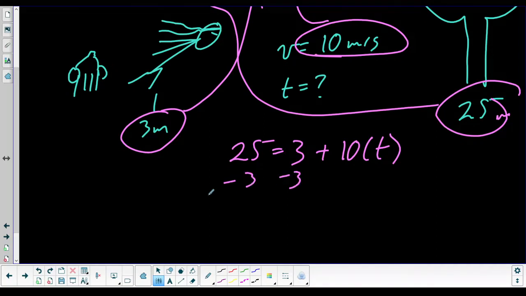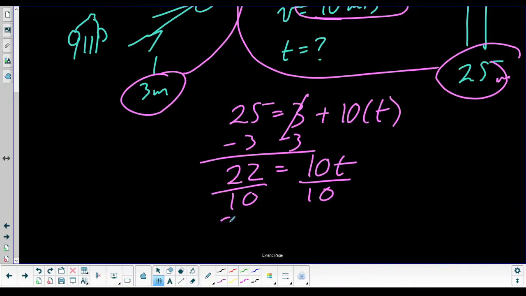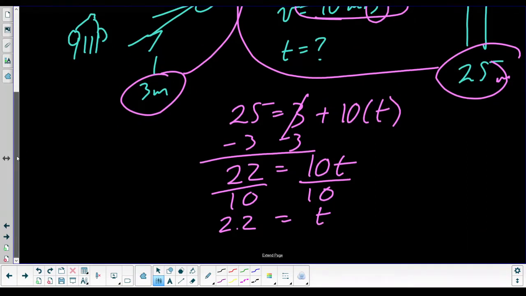Subtract 3: 22 equals 10 times t. We divide by 10, and we get 2.2 equals t. Then you have to ask yourself, what do I measure time in? Well, we put in a number with seconds, so it's going to come out in seconds.